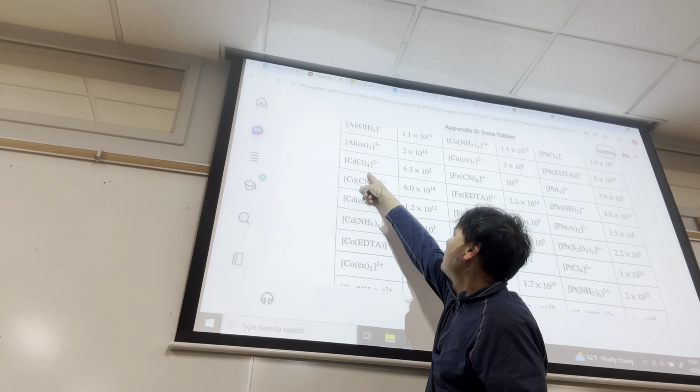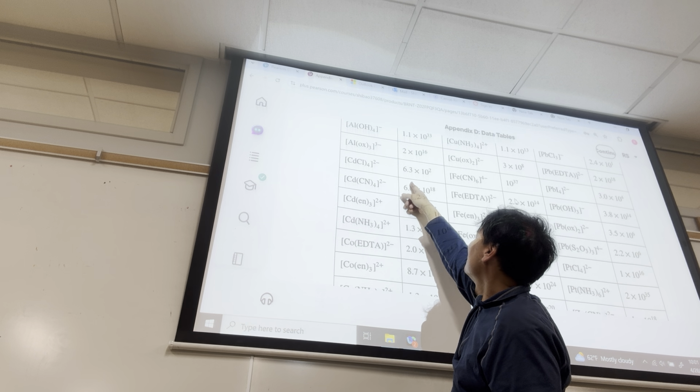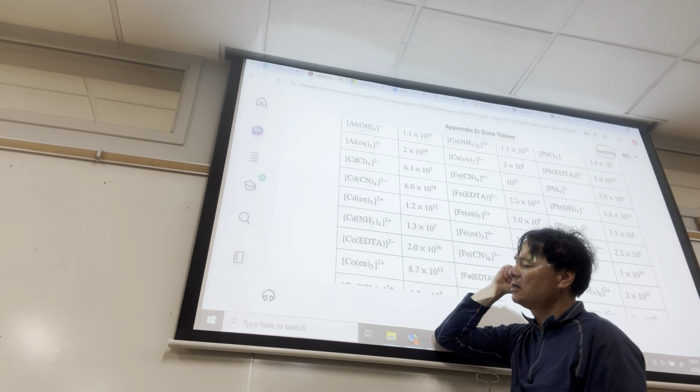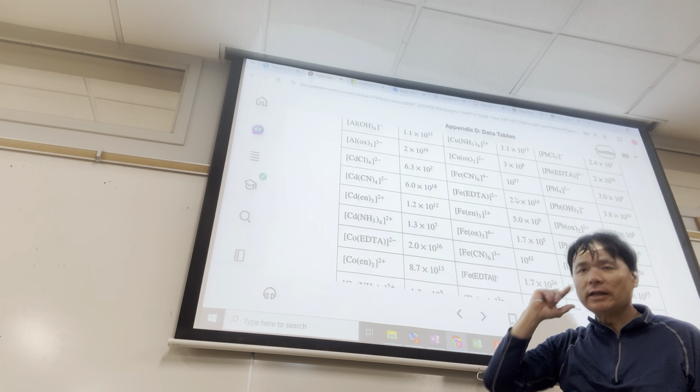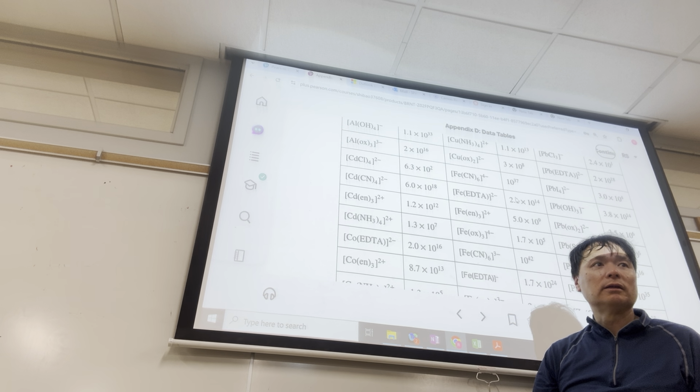We have the tetrachlorido. Actually, this is a typo here. There shouldn't be any parentheses here. Tetrachlorido cadmium. But it's an anion, so we call it tetrachlorido what? Or tetrachloro what?